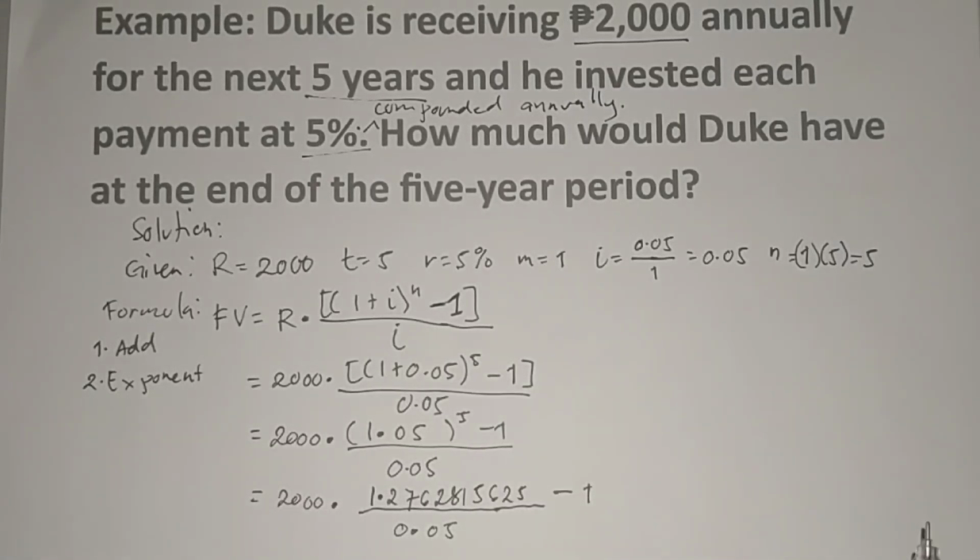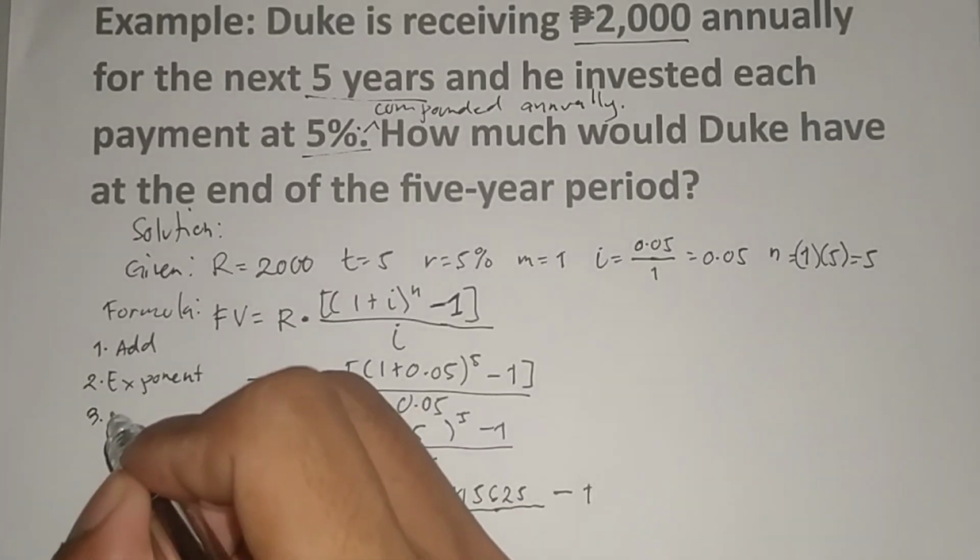Okay, so after exponent, by the way, you need to write as many decimals as possible. Kasi mas maraming decimal, mas malapit tayo sa sagot. Okay. So now, after exponent is subtraction.